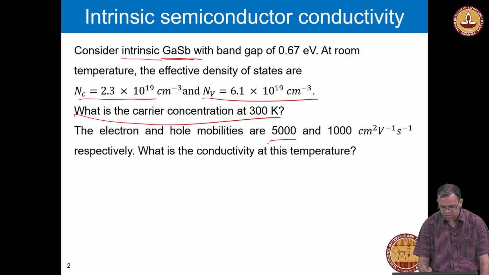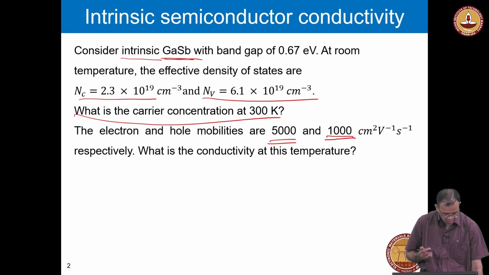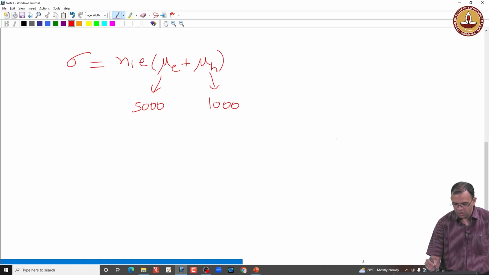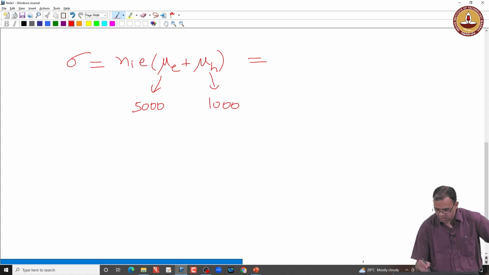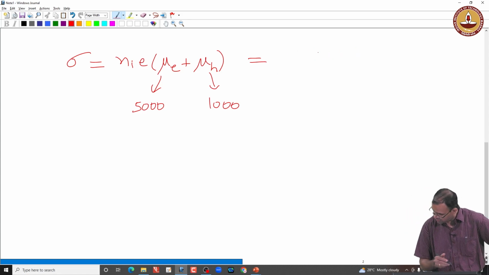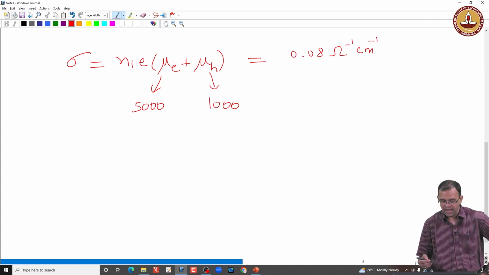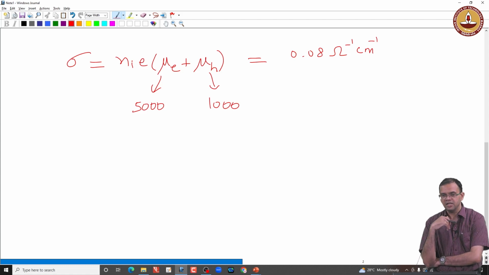So mu E, which is the electron mobility, is 5000, and mu H, which is the hole mobility, is 1000. So now all I have to do is to plug in all the values, and that gives me a sigma of 0.08 ohm inverse centimeter inverse. So again, it is just doing the math. You get some conductivity value.